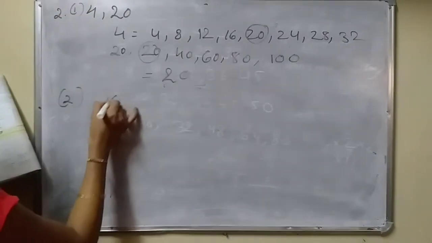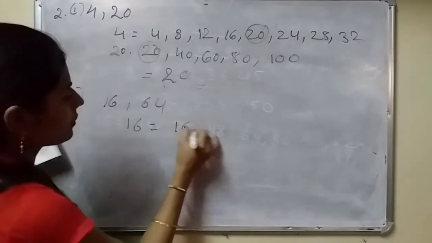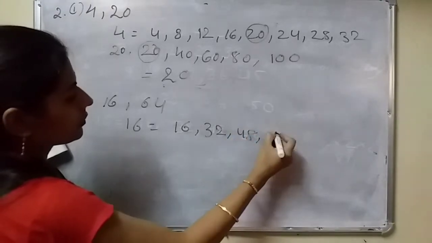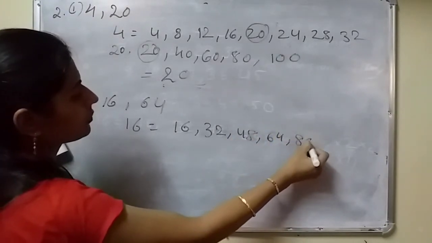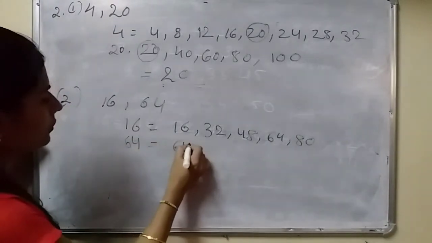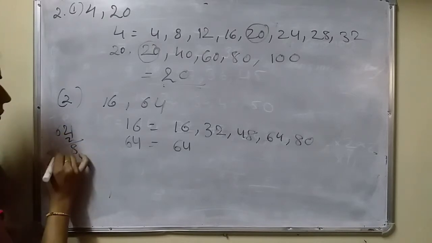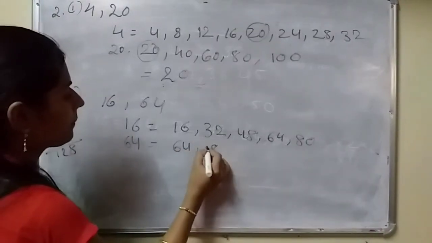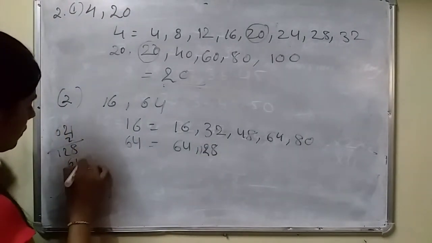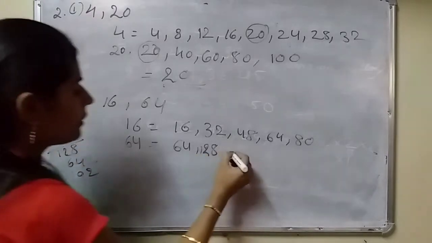Second, 16 and 64. What are the multiples of 16? 64, see 64, 2 sixty-fours are 128, 192.